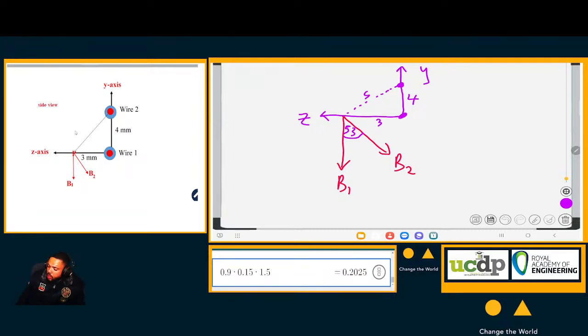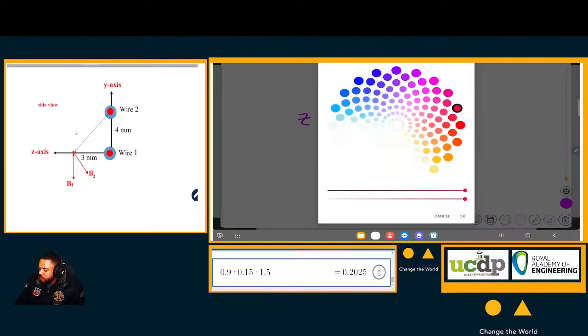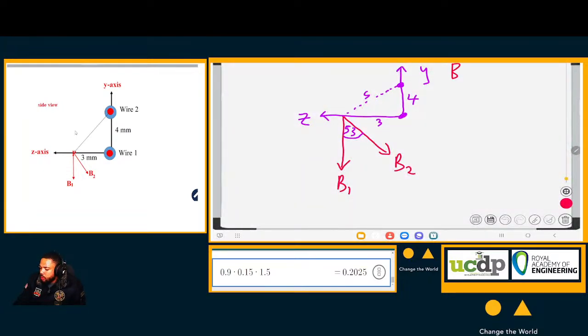Now, what is B1 and B2? So let's calculate B1 and B2 quickly. B1, for wire 1, is mu naught times the current I over 2 pi R. That's equal to 4 pi times 10 to the negative 7.